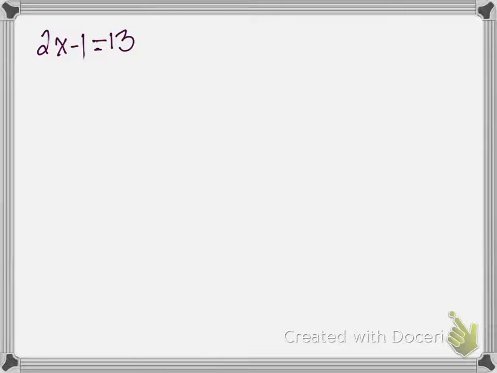So I add positive 1 to both sides. And when I add positive 1 to both sides, what happens to that negative 1? Disappears. Okay? So plus 1 and negative 1 simplify out. And I'm left with 2x equals 14.